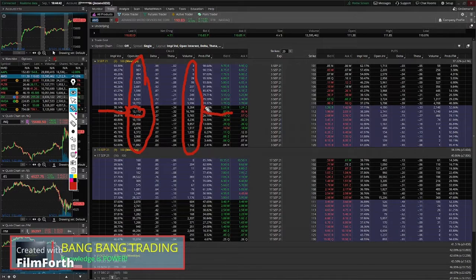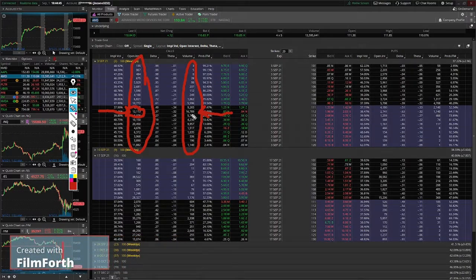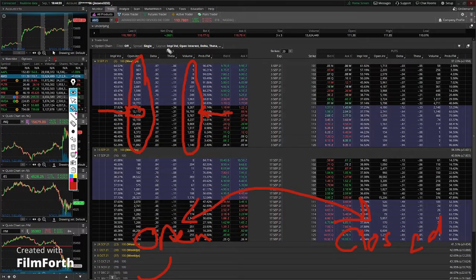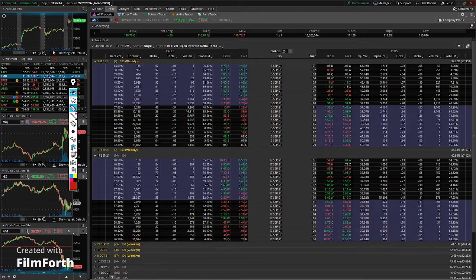This number tells you that 16,789 contracts have already changed hands between the buyer and the seller, which means they opened it and then they closed it. And open interest is how many are left on the table that are held by either side.